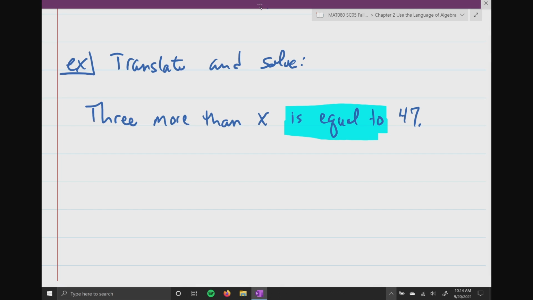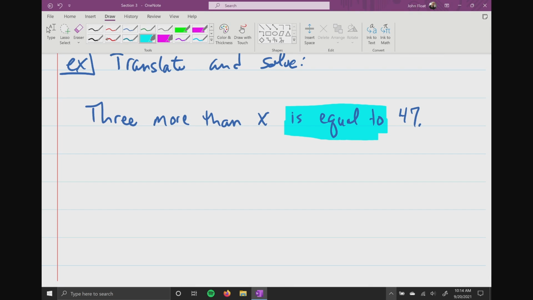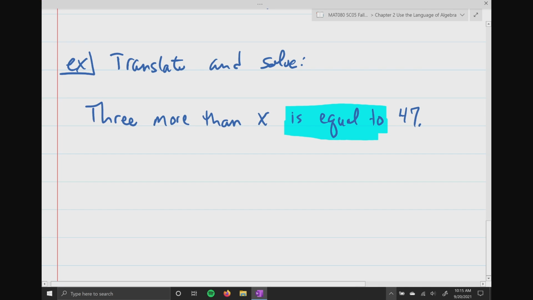Right there, is equal to, I'm going to go back to my black marker now, is our equal sign, which means everything to the left of the words is equal to will be the left side of my equation, and everything after it is going to be my right side of the equation.